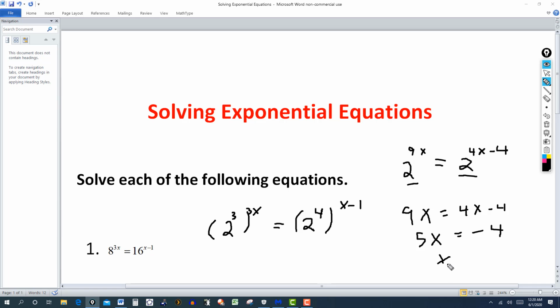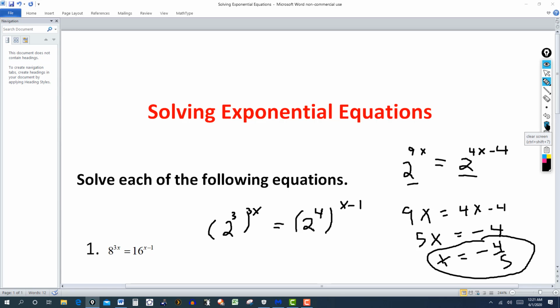So I get x is equal to minus 4/5. So that's the solution to your equation. Now you could solve the problem using logarithms, taking the log of both sides, if this hadn't worked out, but in this particular case it works out, so I get x is equal to minus 4/5.